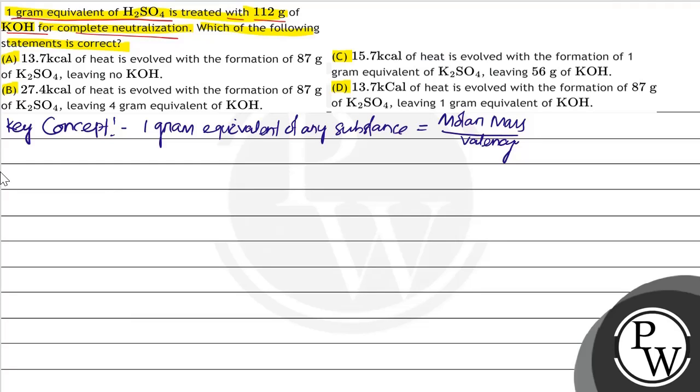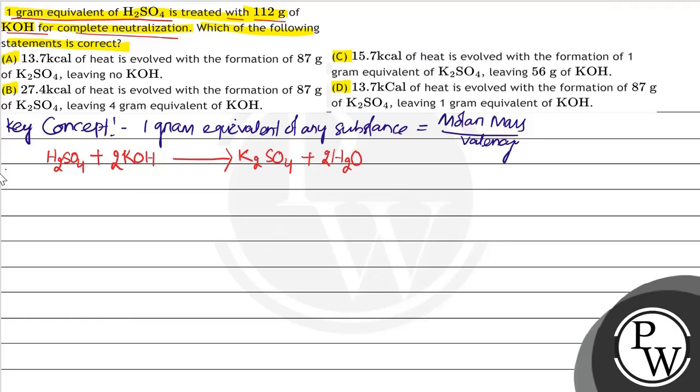Hence the reaction can be written as H2SO4 plus KOH gives rise to the product K2SO4 plus H2O. So let us write this equation by balancing. Here 2 and here also 2H2.